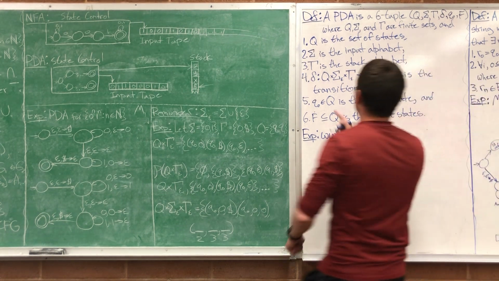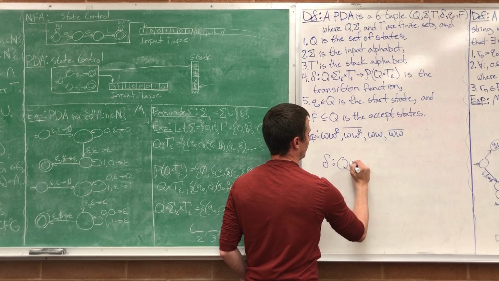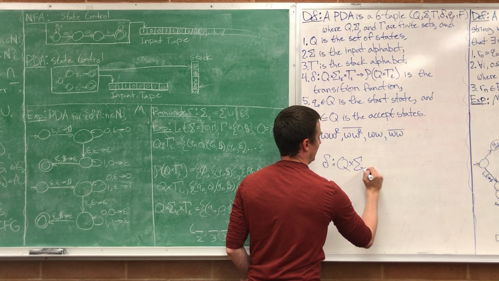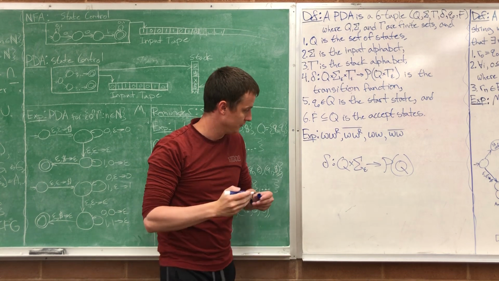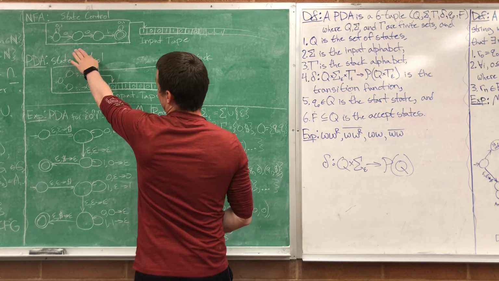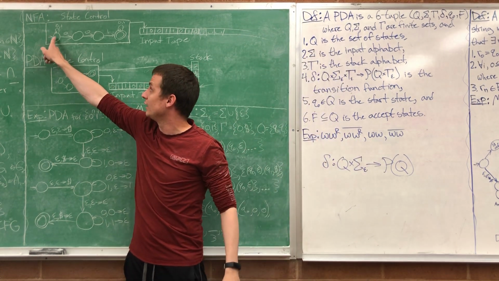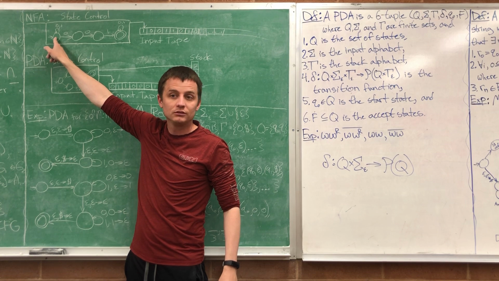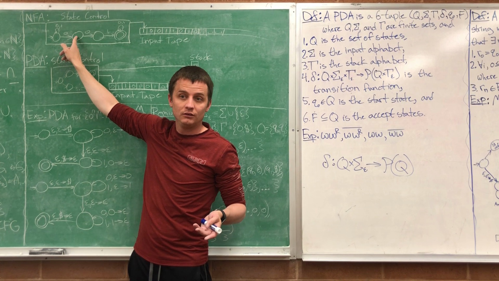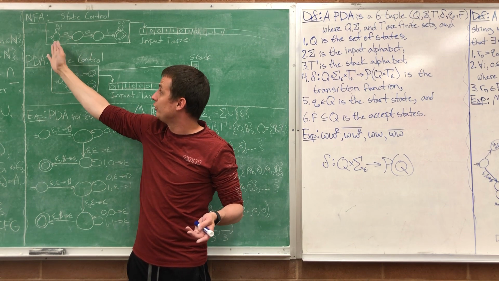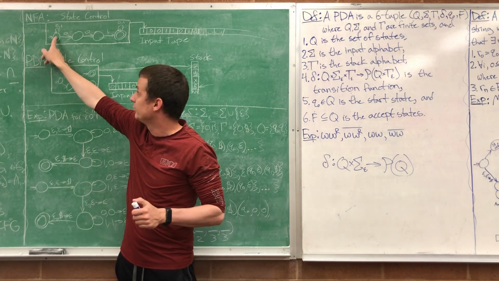Going back to an NFA, our transition function for an NFA was delta from Q crossed sigma sub epsilon, and it goes to the power set of Q. So for just an NFA, the machine we have up here, given a state and an input, so I tell you you're at this state and you read the input 0, well, there's two possible states you could go to. You could go to this state or this state. So it takes you to the set of all possible sets of states that you could have gotten with that input symbol and that state.